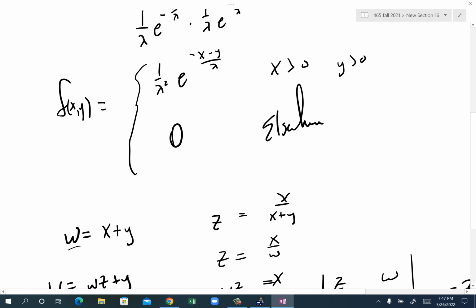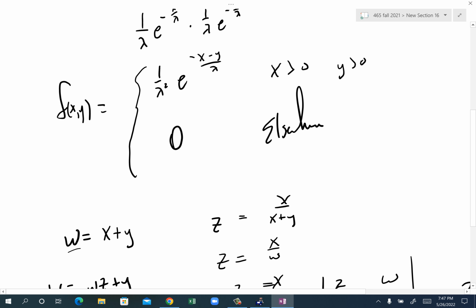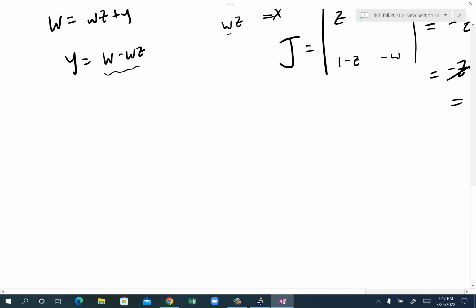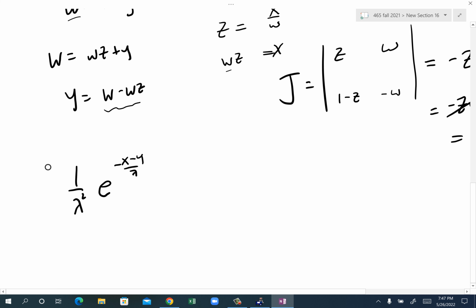So here we go. We're back up here. You're like, oh my goodness, that looks so pretty. Now you're going to make me stick in these other things? Yes, I am. So 1 over lambda squared e. I'm going to write it over again just so we remind ourselves of where we're at. So I'm going to replace x with wz.